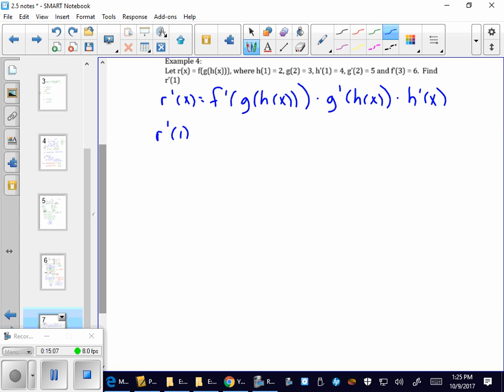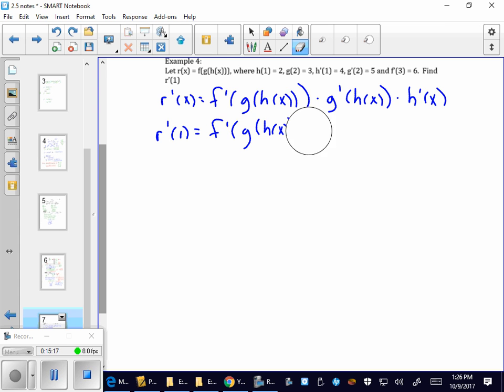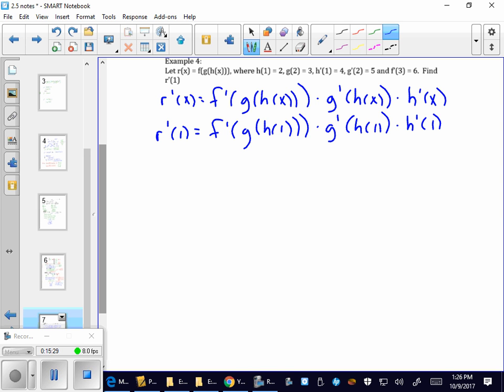So r prime of 1, replacing all the x's with 1s. Whoops. Replace all the x's with 1s, and keep the parentheses straight. All right, let's start replacing values with what we can.